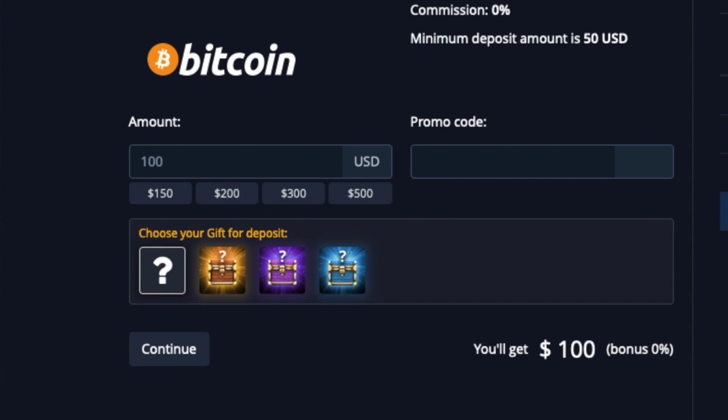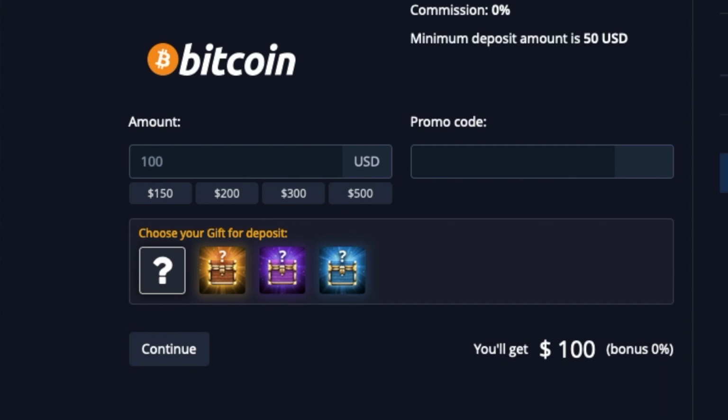Promo codes, you have to be a little careful with the promo codes. Do understand that if you are trading and you have a promo code, you will not be able to withdraw until you reach that promo amount that was given to you. So in other words, if you put in 150 and you have a promo code for $50, you can only withdraw once you reach $150.